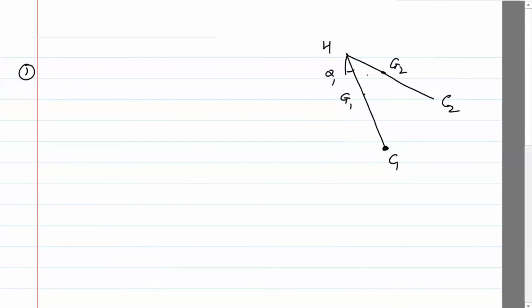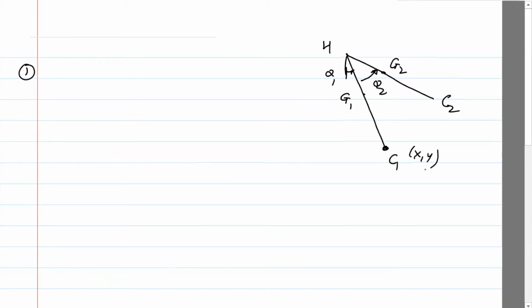Okay, so we go to step 1, which is finding the positions. G1, C1, C2, G2, H, and then theta 1, theta 2, and then we said this is x comma y.